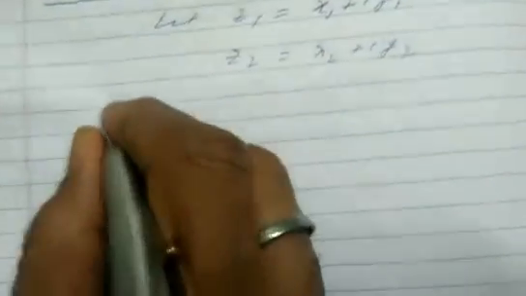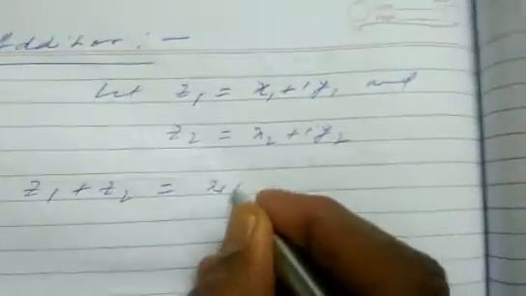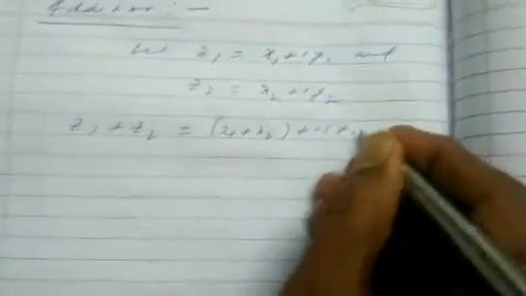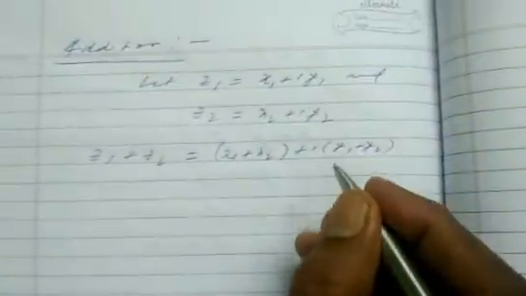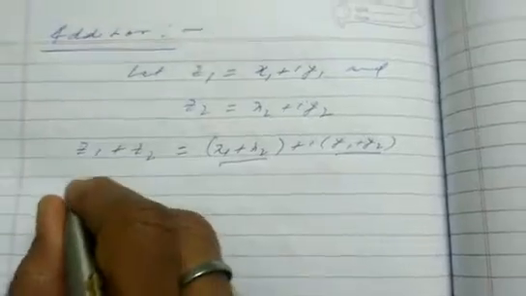Addition. Let Z1 is equal to x1 plus iy1, and Z2 is equal to x2 plus iy2. How will we add them? Z1 plus Z2 is x1 plus x2 plus i(y1 plus y2). What I am doing here is adding real to real and imaginary to imaginary.